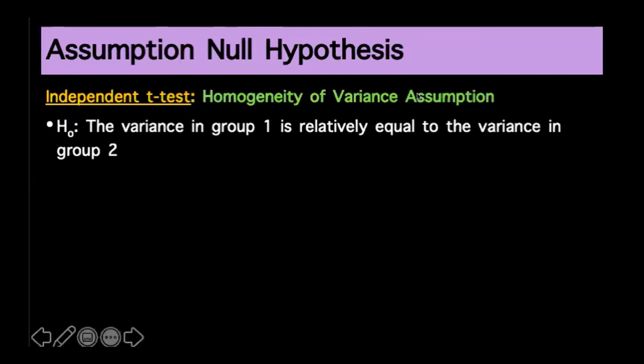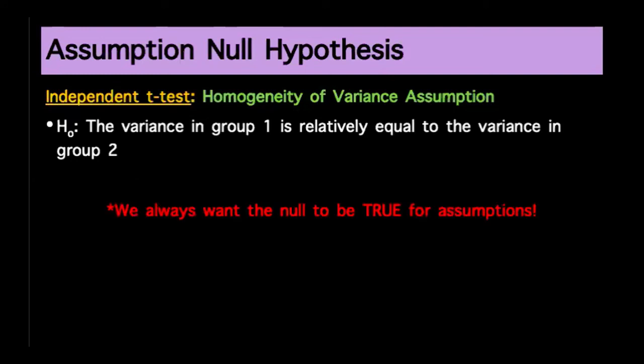If this is the assumption test and we can't accept the results of our t-test without meeting these assumptions, that means we need this null hypothesis to be true. In other words, we would want the p-value to be greater than 0.05. So this was a very good conversation to get to this point.